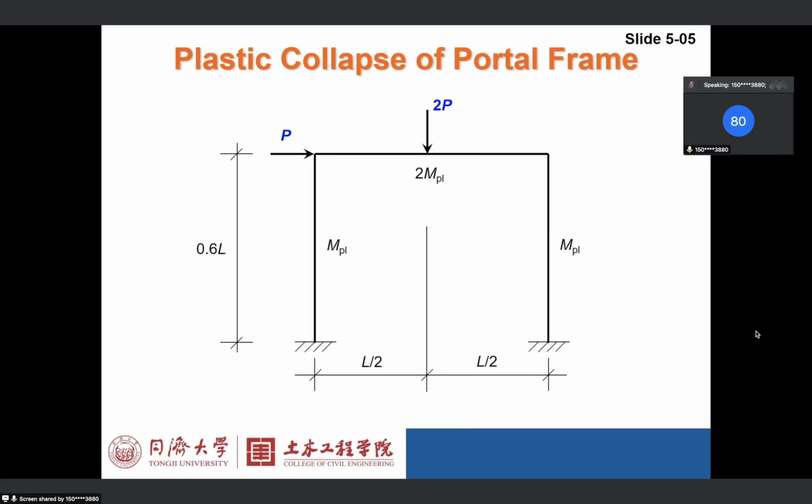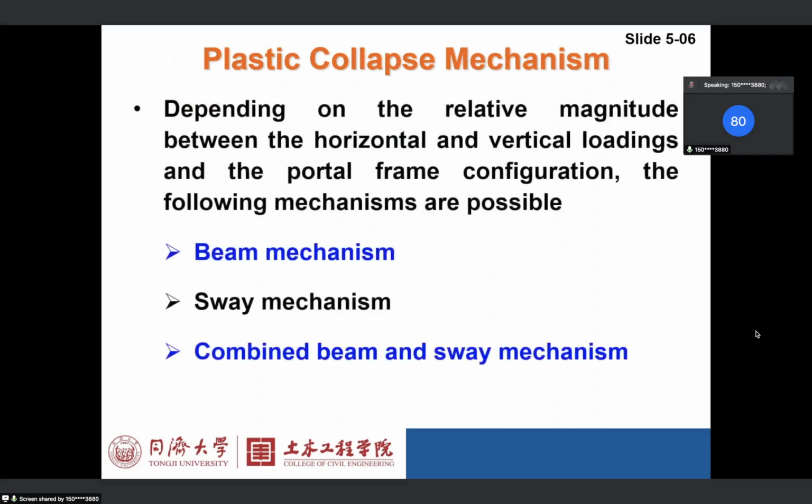And then you compare the 3 values of PC, and then you choose the smallest one. And the smallest one is the right solution. So this is the basic procedure to solve a problem in a portal frame. It's not difficult, right? The only thing is you understand the 3 mechanisms.